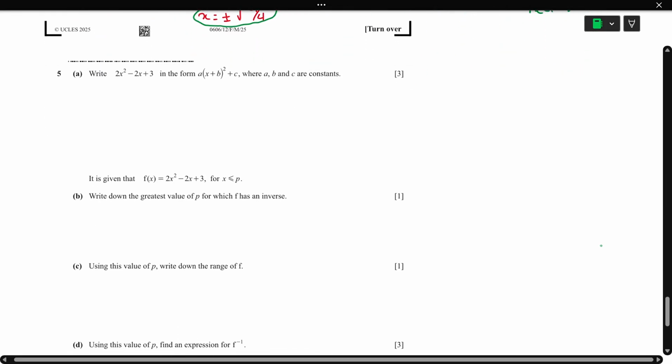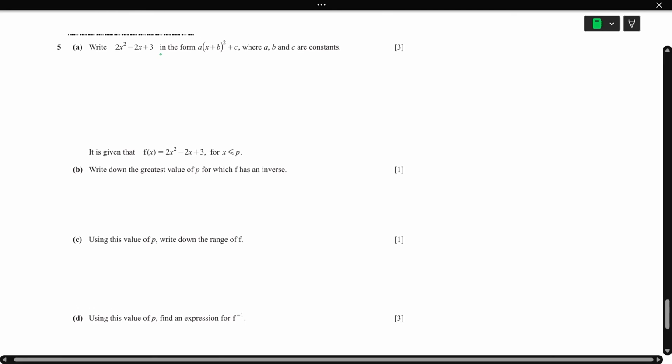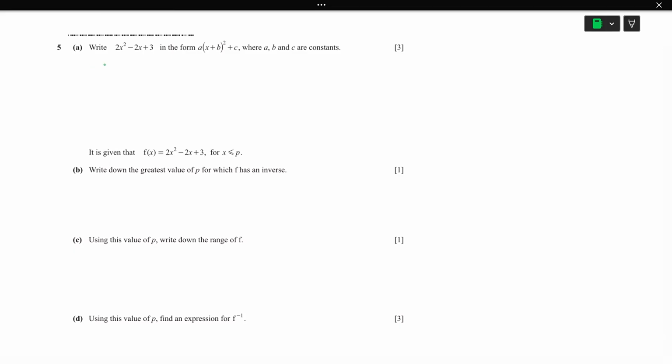Next, question 5. Write 2x square minus 2x plus 3 in the form of a into x plus b whole square plus c, completing the square technique. So I'll take 2 outside, which is 2 into x square minus x plus 3 by 2.